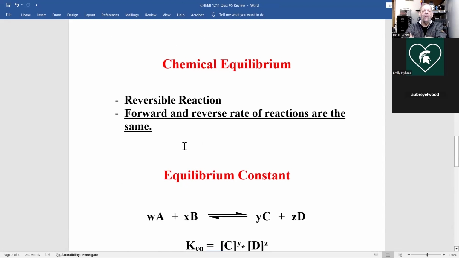Now, in a reaction, which I just showed you, but we hadn't talked about it yet, that's called a chemical equilibrium. A chemical equilibrium is a reversible reaction.